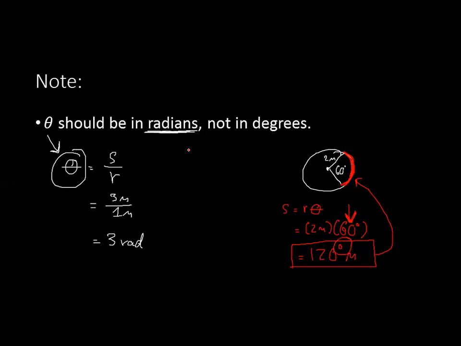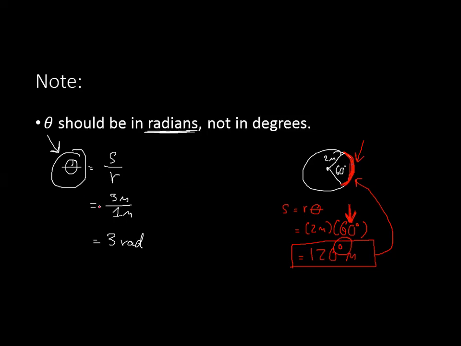Now there's a second reason why we need to convert it into radians. If you're going to find the arc length, we're talking about the length of the curve, not the angular distance. Length is different from the angular distance. Remember that. So why do we need to convert it into radians if we're looking for the arc length with the use of this formula?